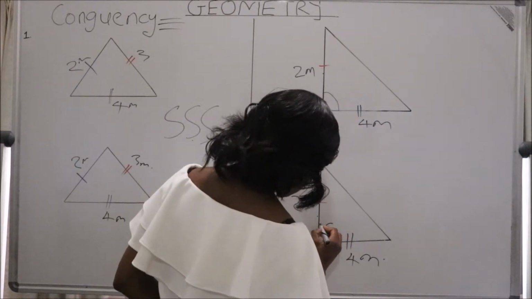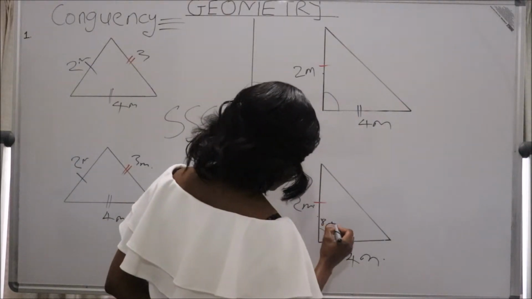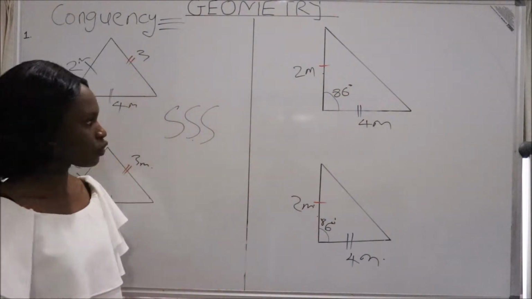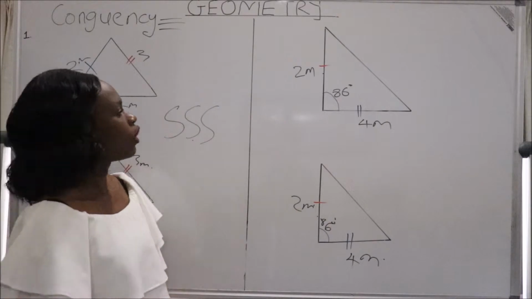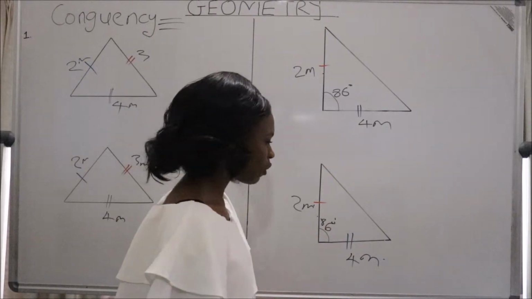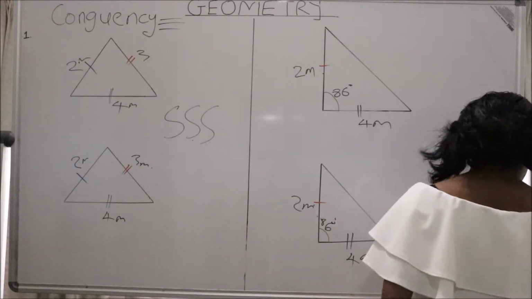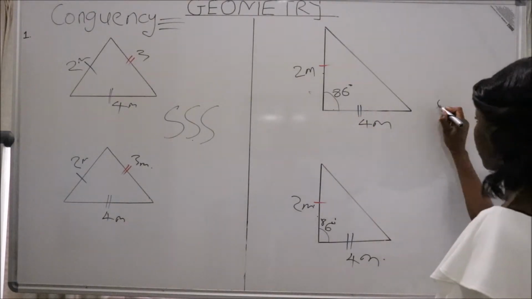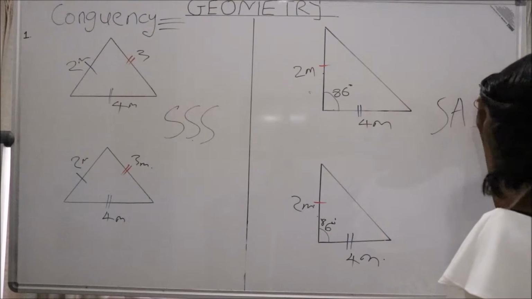For example, if this was 86 degrees and this is 86 degrees, the included angles are also equal. So the reason for congruency in this case is side angle side.